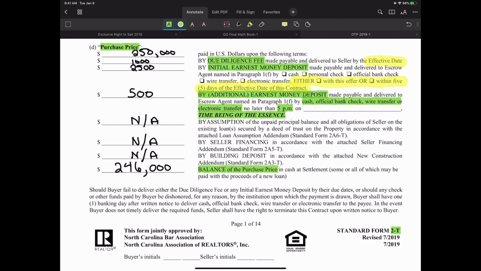And then our next paragraph is one that I do think is important because it talks about what happens if the buyer doesn't give or they bounce or something happens to either the due diligence or the earnest money. Remember, this contract is not contingent on a seller receiving due diligence or earnest money.